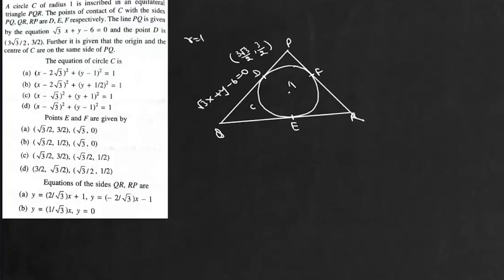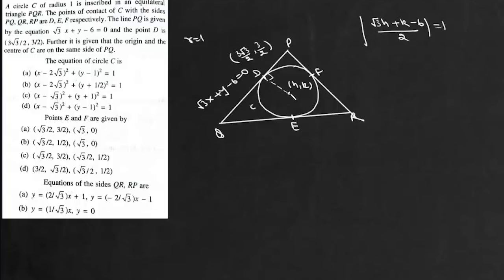Now let the center be (h, k), and we know that the foot of perpendicular from the center on this line will be equal to the coordinate of this point D. So we'll straight away use the foot of perpendicular formula. Now the perpendicular distance from the center is equal to the radius, so we'll get mod of (root 3h plus k minus 6) upon 2, and it will be equal to 1.